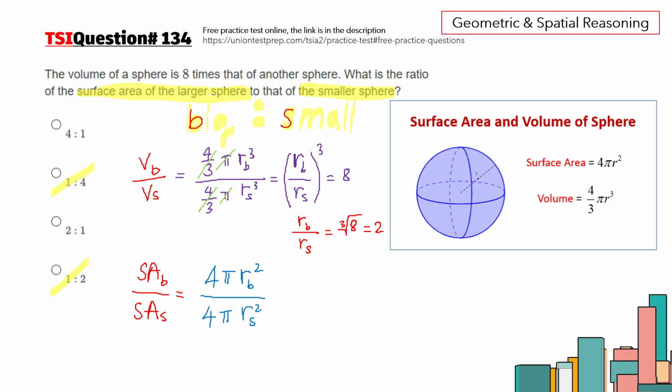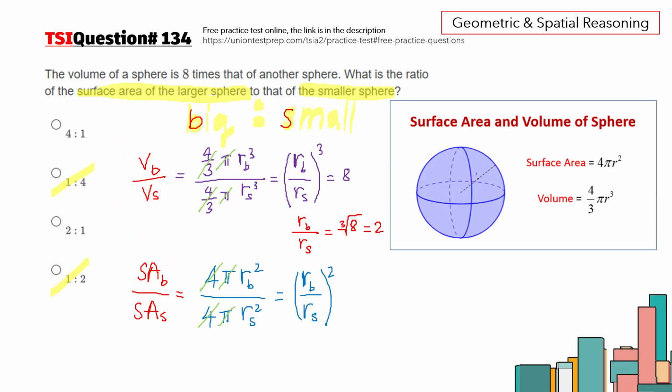Similar to the above, we have 4 divided by 4, pi divided by pi, and then we are left with the radius of the bigger sphere over the radius of the smaller sphere, all squared.